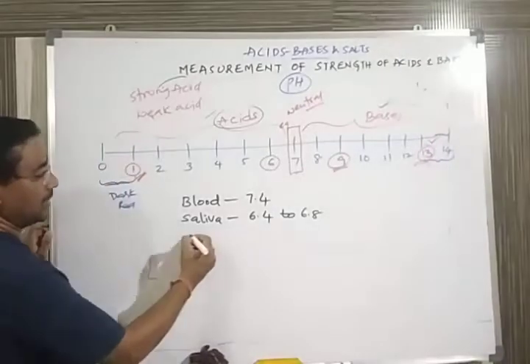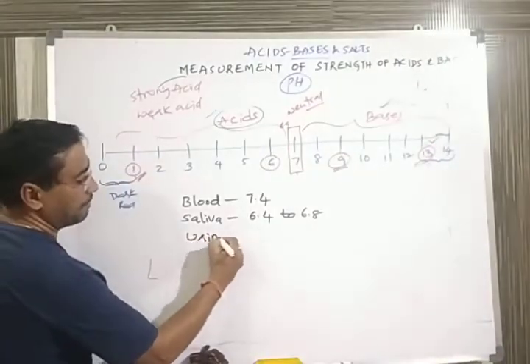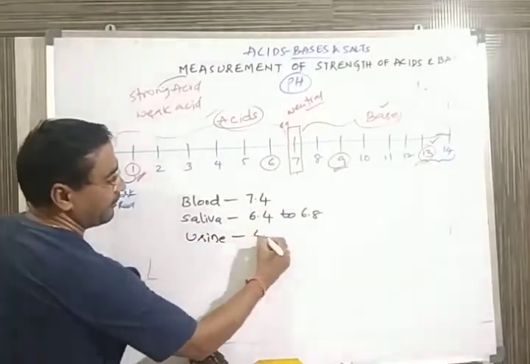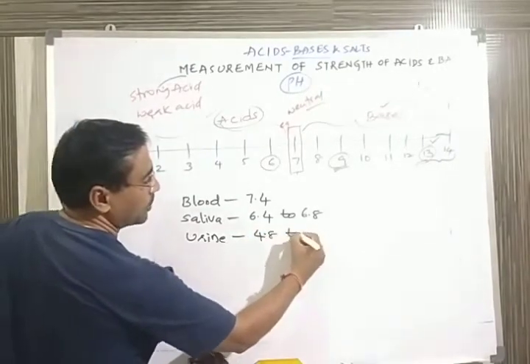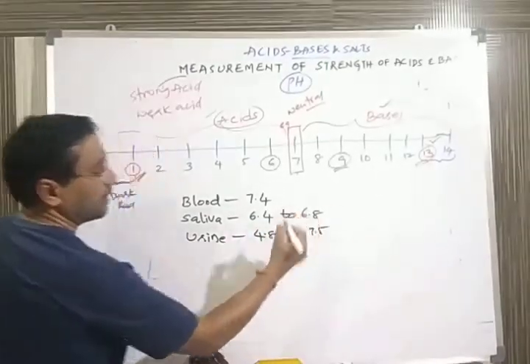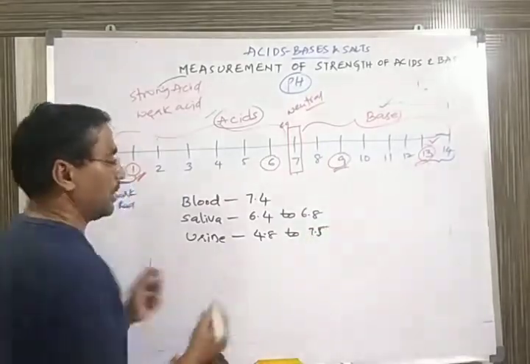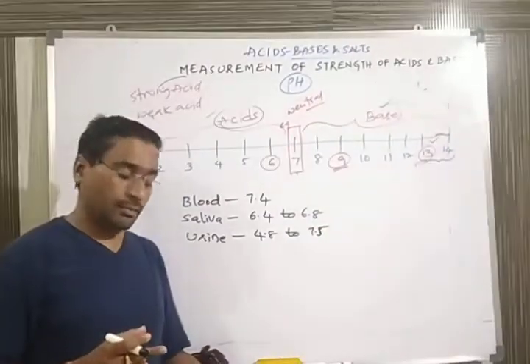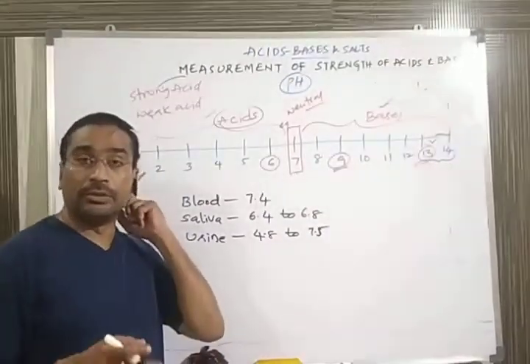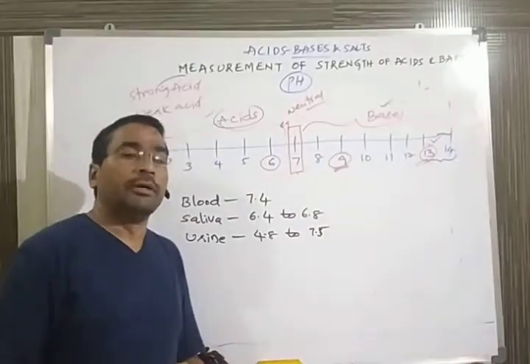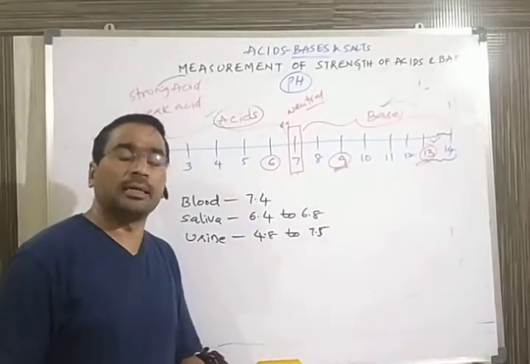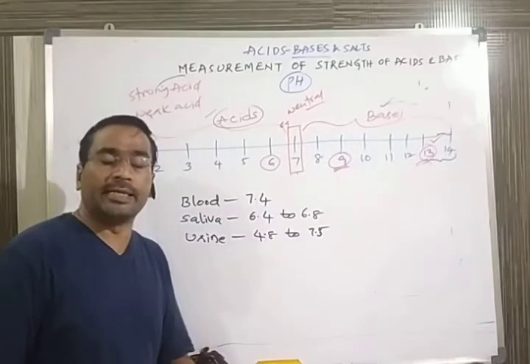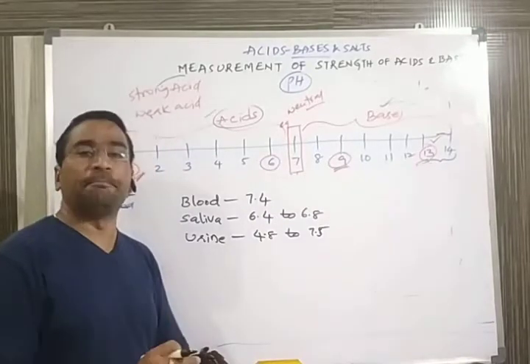Next, the pH of urine will be from 4.8 to 7.5. When you have health issues and go for a medical checkup, sometimes they do urinary examinations and check the pH also.